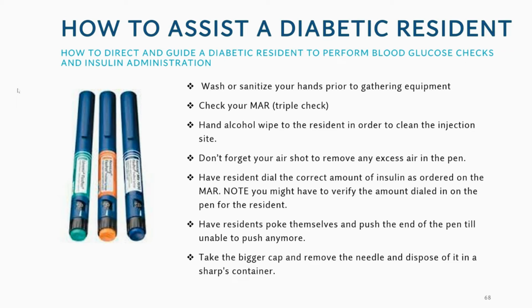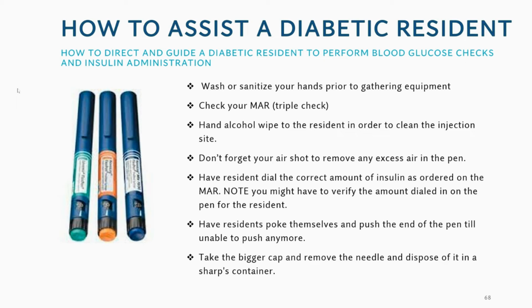You're going to hand an alcohol wipe to the resident, and they are going to clean the site for the injection. Don't forget, you're going to have to express any air in the insulin pen. So you're going to do a click or two, remove the air, and then you're going to re-click it to the appropriate unit dosage amount.